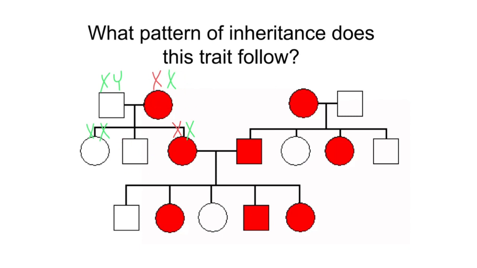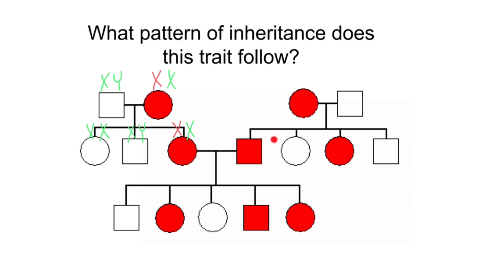Their son is going to get the Y chromosome from the father's side. There is no choice here. And from the mother's side he can get either of these. And because his phenotype is normal, we assume that he got the normal X chromosome.